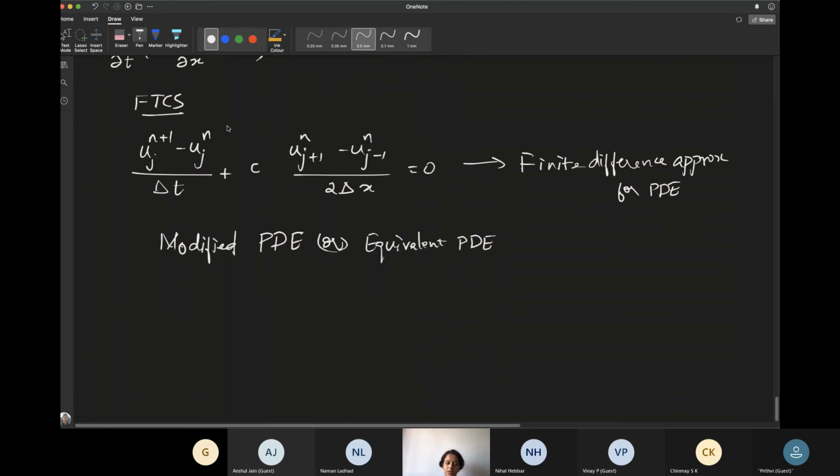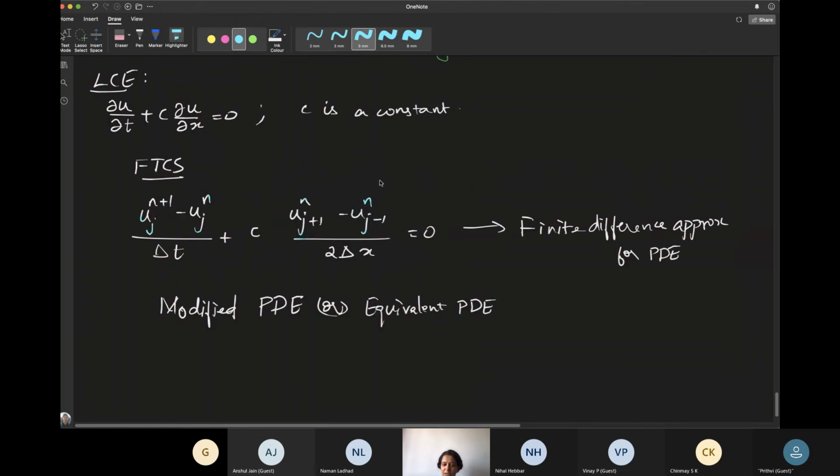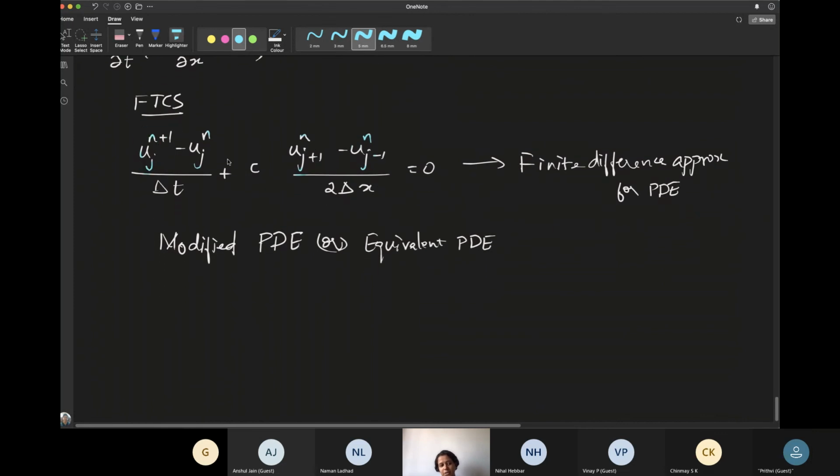After writing this, we can expand each of these further, since we obtained each of these from Taylor series approximation only. Accuracy analysis is actually done in this way. We can straight away say that this is of order delta t, and this approximation is of order delta x squared. However, there is something known as modified PDE or equivalent PDE.